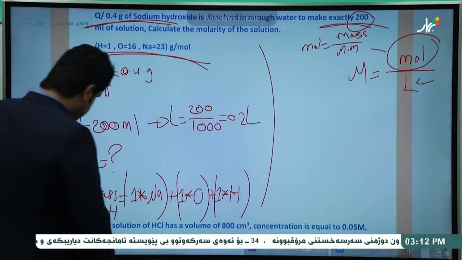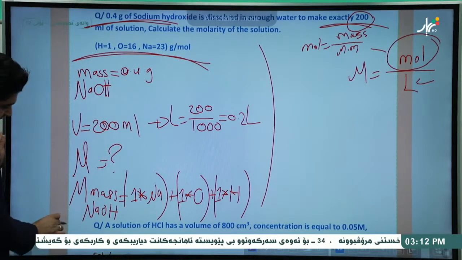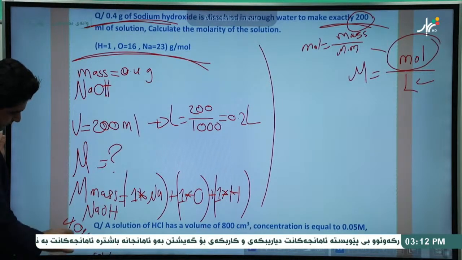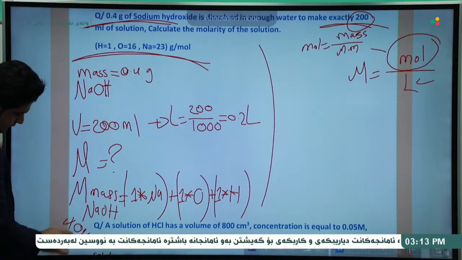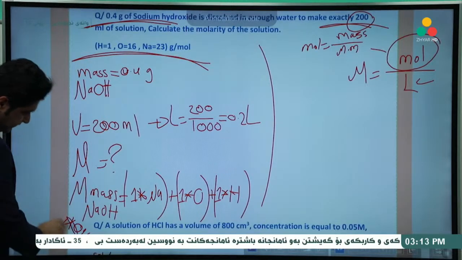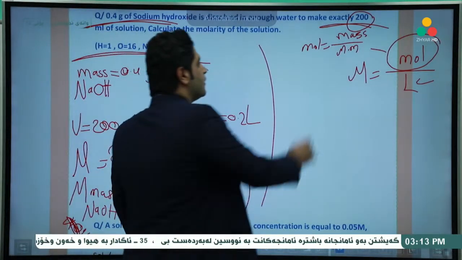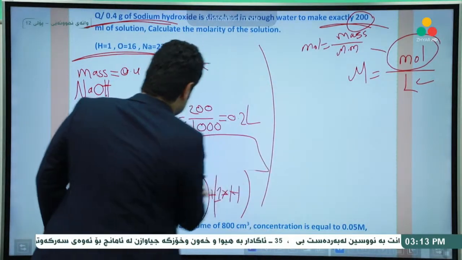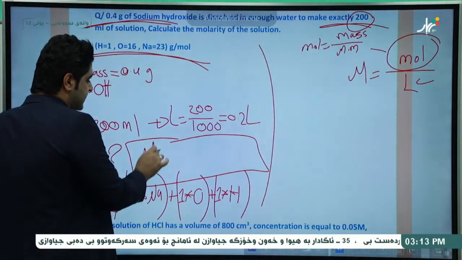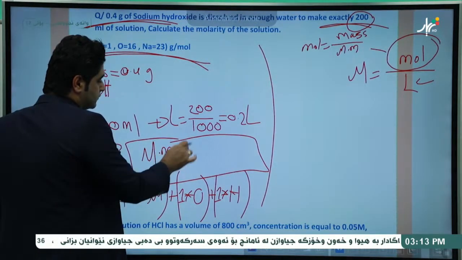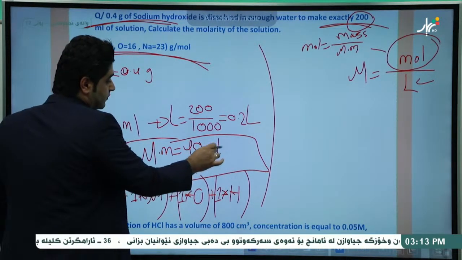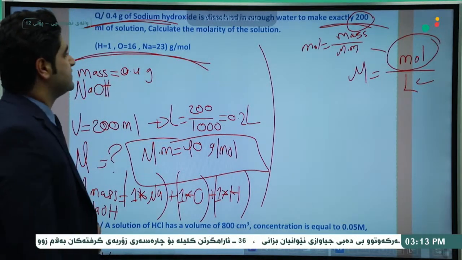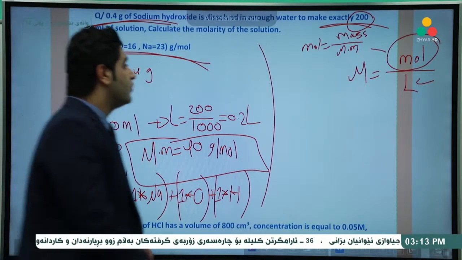You will get the molar mass of sodium hydroxide is equal to 40 grams per mole. Oh my God, we don't have enough space. Well, I'll write in here. Molar mass of NaOH is equal to 40 grams per mole. Now we have molar mass and we have mass. Immediately we can find the number of moles.